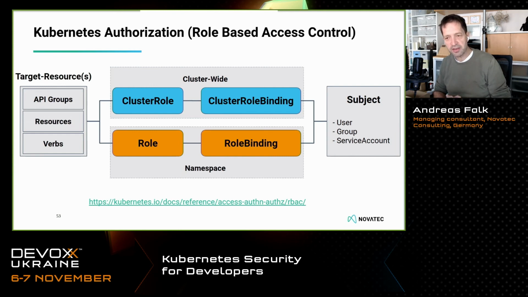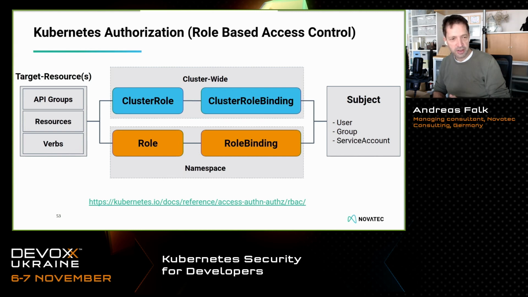Role-based access always works in the same way. You have a subject to bind your roles to, and on the other side, you have target resources to bind the roles to. The subject can be a user, group, or a service account, as already told. Then you have cluster-wide roles, or you have namespace-bound roles. With role binding, you bind your role to a subject, and you can specify roles for your target resources.